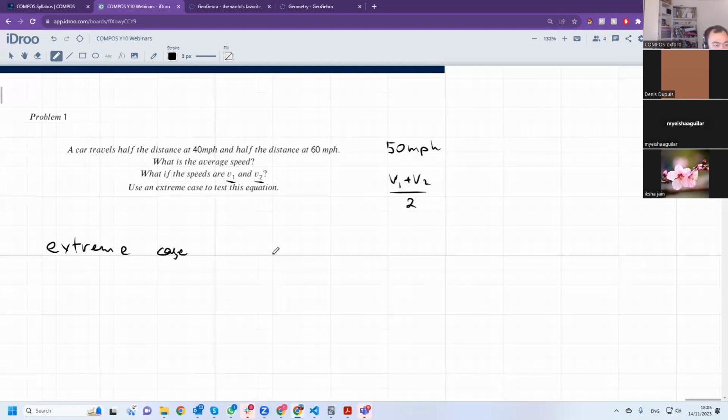travel from A to B, and let's say it is 1 kilometer, and you travel in this direction at 1 kilometer per hour, and the return journey you travel at 1,000 kilometers per hour.